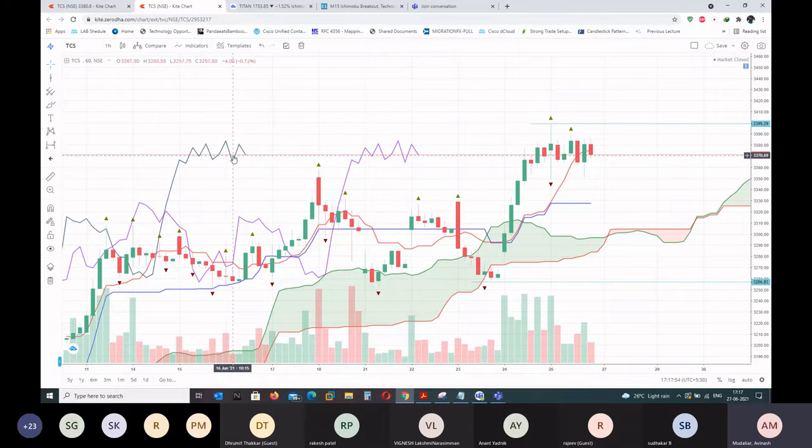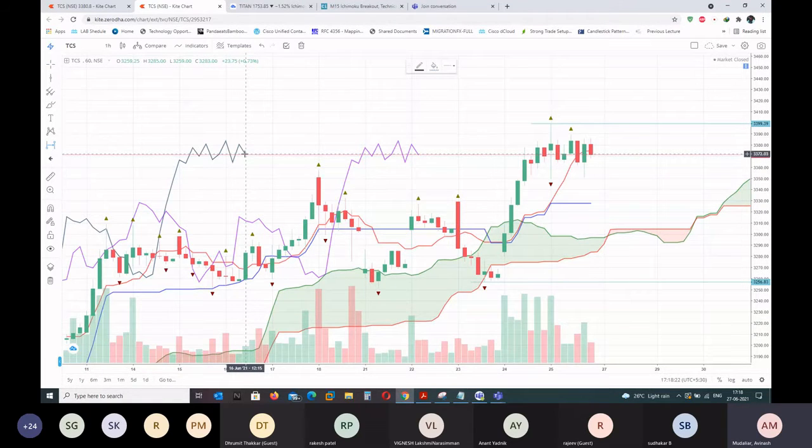This helps me find 52-week breakouts visually. I don't need to visit any website like NSE and check what the 52-week value is. I can see it visually. So this is my Chiku span, right?